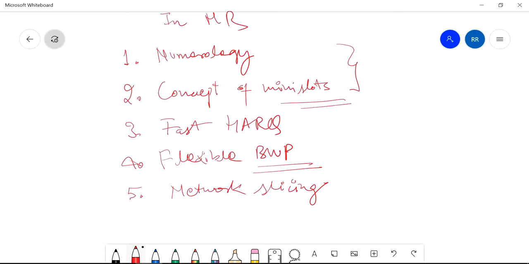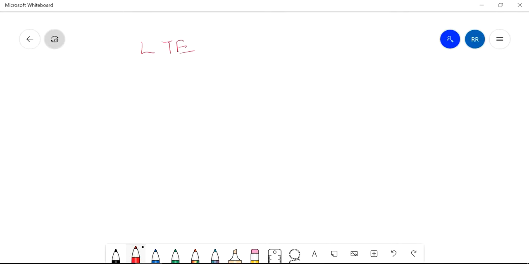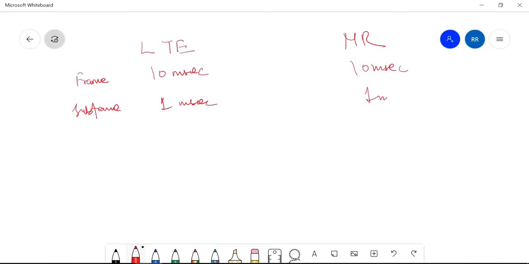Now if we have to summarize, we will make a table here differentiating LTE and NR. One frame is 10 millisecond, same in both. One subframe is 1 millisecond, same.